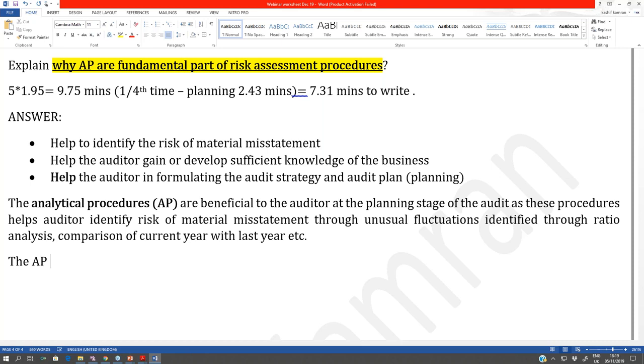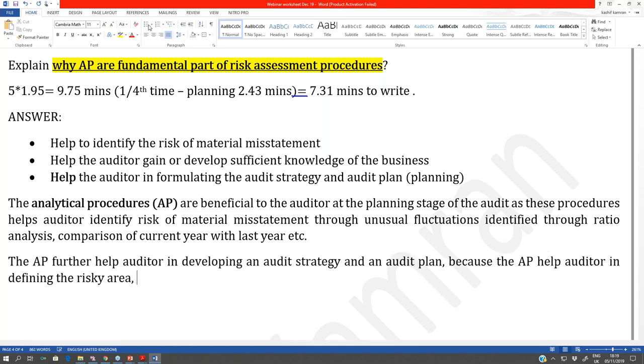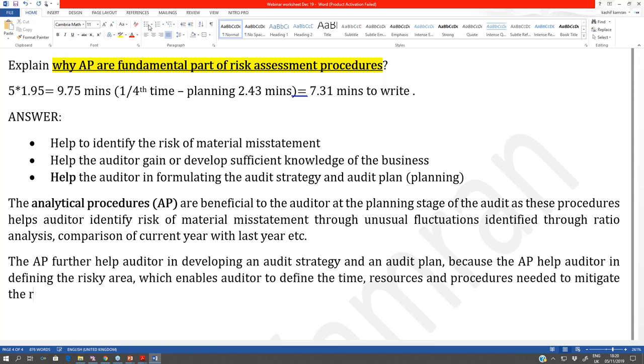The analytical procedures further help auditor in developing an audit strategy and an audit plan, because the analytical procedures help auditor in defining the risky areas, which enables auditor to define the time, resources, and procedures needed to mitigate the risky areas.